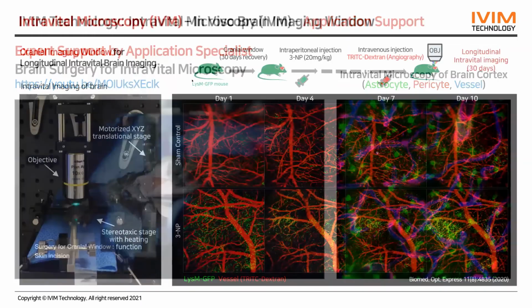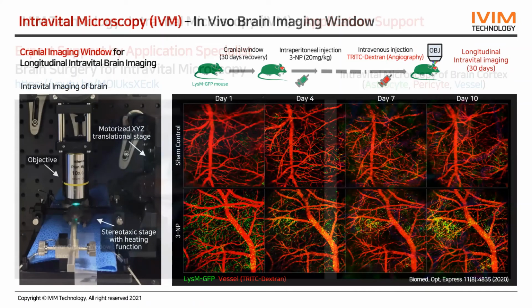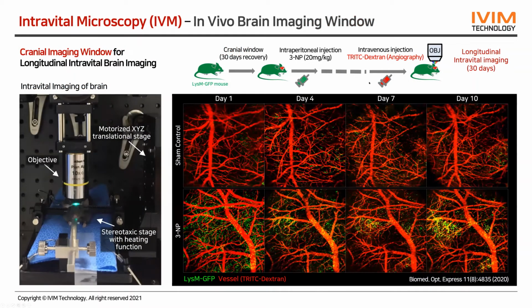This is just one example experiment we have done. After we implant the cranial window, we normally give the mouse 2 to 4 weeks for recovery from the surgery, and then we induce neuroinflammation by injecting the 3-MP chemical, and then we longitudinally observe the same animal for more than 30 days.